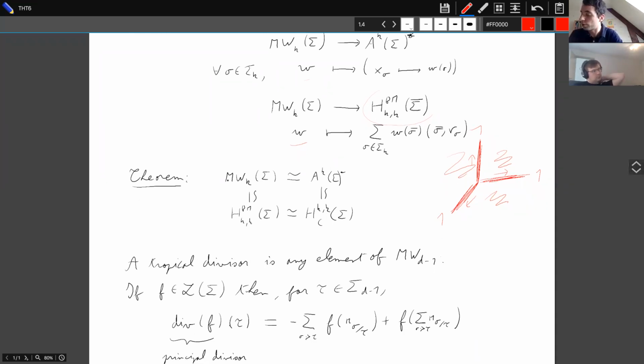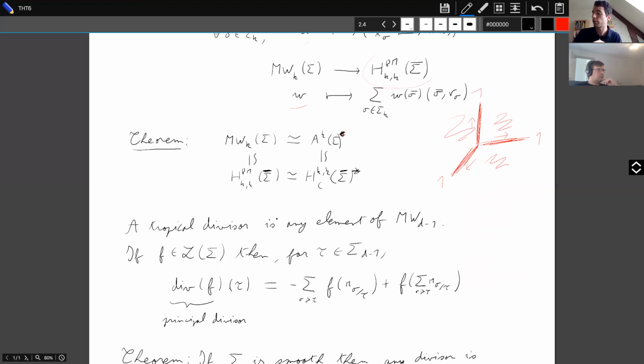So MW_k is just the dual of A_k. And we have already seen that A_k is the same thing as the cohomology of the compactification of sigma. And it happens that the Minkowski weights are also everything in H_{k,k}.